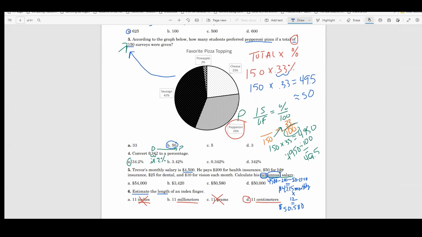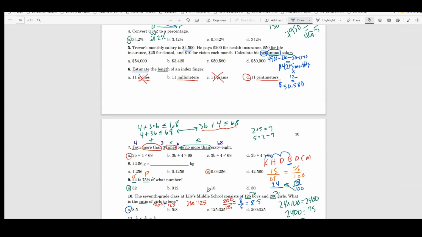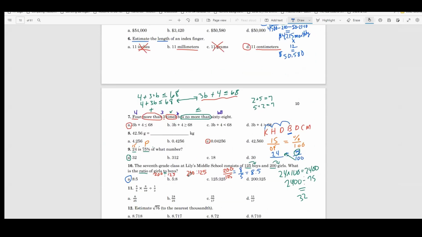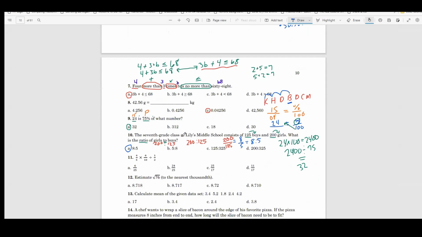That was our net annual salary. We did an example of applying estimation strategies here. We did translating a sentence into an inequality, conversions, percent proportion, and then we also did ratios. So that just gives you guys an idea of how diverse the content can actually be.